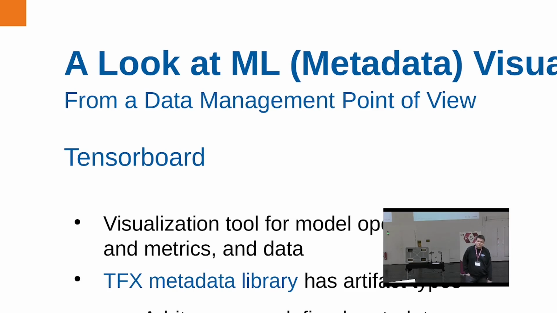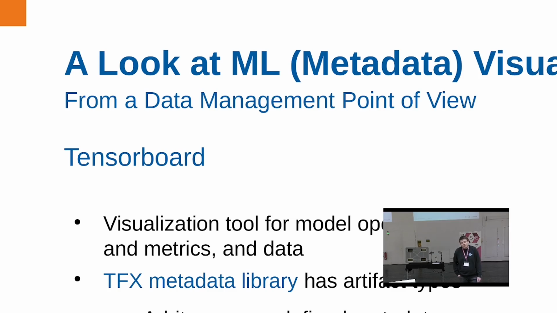If you are more into the whole TensorFlow Extended, you use other TensorFlow libraries as well. There are certain metadata libraries with artifact types, for example, which can have arbitrary user-defined metadata. But one of my colleagues uses TensorBoard with PyTorch in the backend, so this isn't really applicable.